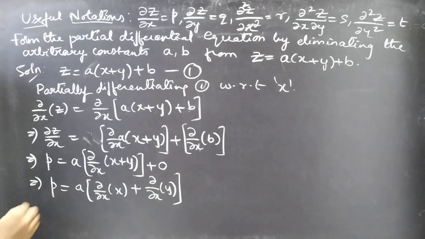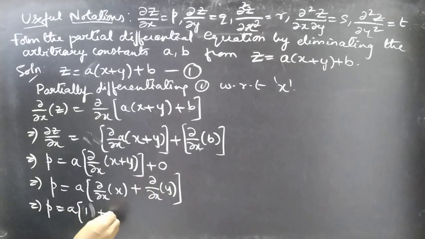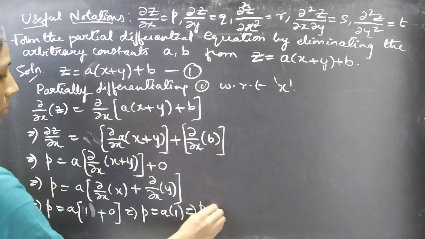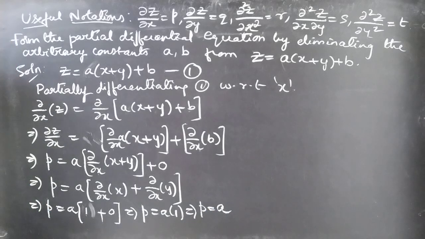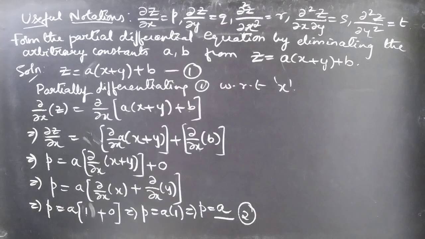Which gives us p equal to a into partial derivative of x with respect to x is 1 plus partial derivative of a constant with respect to x is 0. From this you will get p equal to a into 1, which gives us p equal to a. Consider it as equation 2. Here I'm making a number of steps. You can just skip these two. Well, let's see that later.